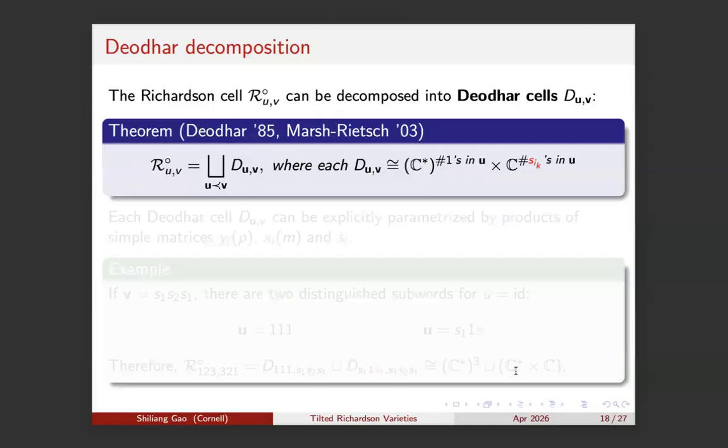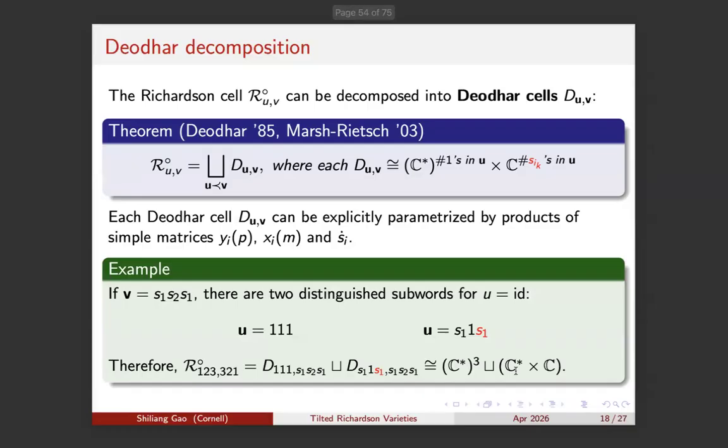So the Richardson cell can be decomposed into the Deodhar cells, where we're taking the disjoint union over the distinguished subwords, and each Deodhar cell will be isomorphic to C star to the number of ones in the distinguished subword, cross C to the number of red s_i's.